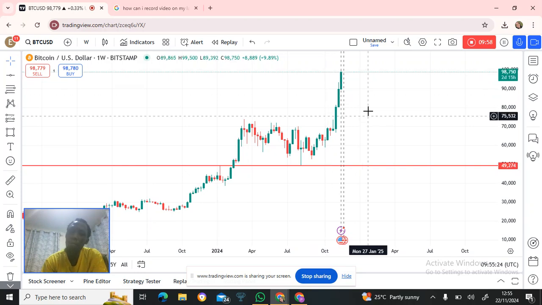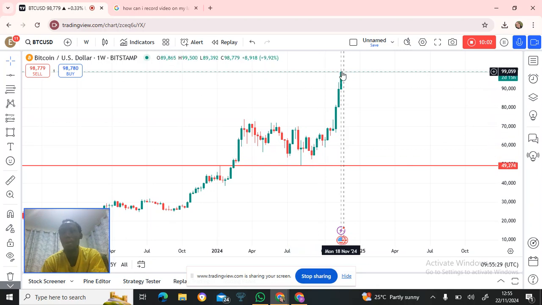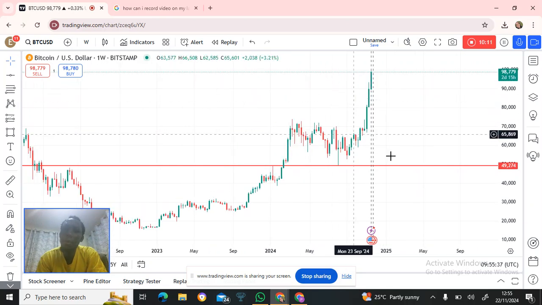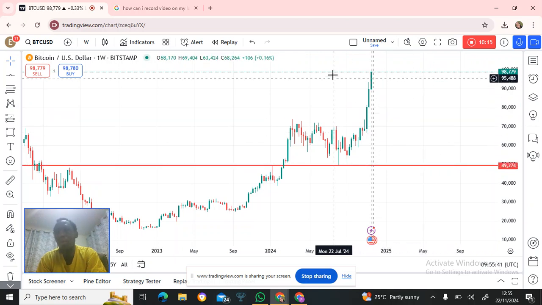Bitcoin has rallied up to 98,000. From August, we are now in November. That is about 3 to 4 months. If you bought one Bitcoin at 49,000, now one Bitcoin is retailing at 98,000. You've technically made 100% profit on your capital.